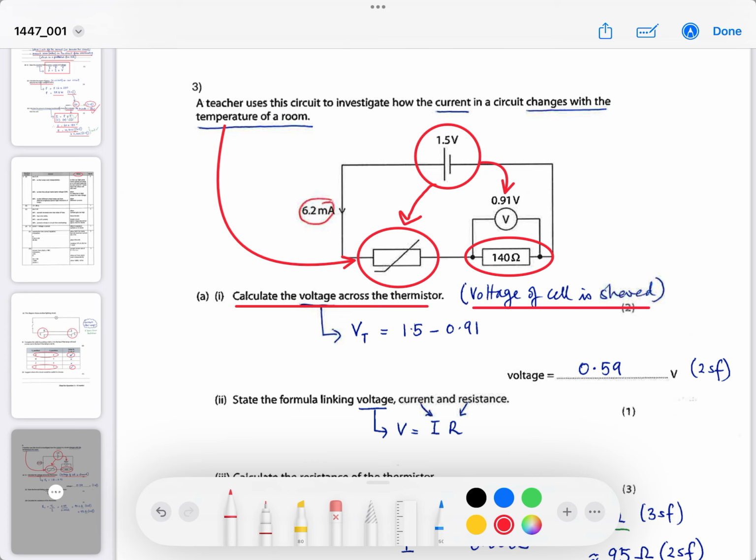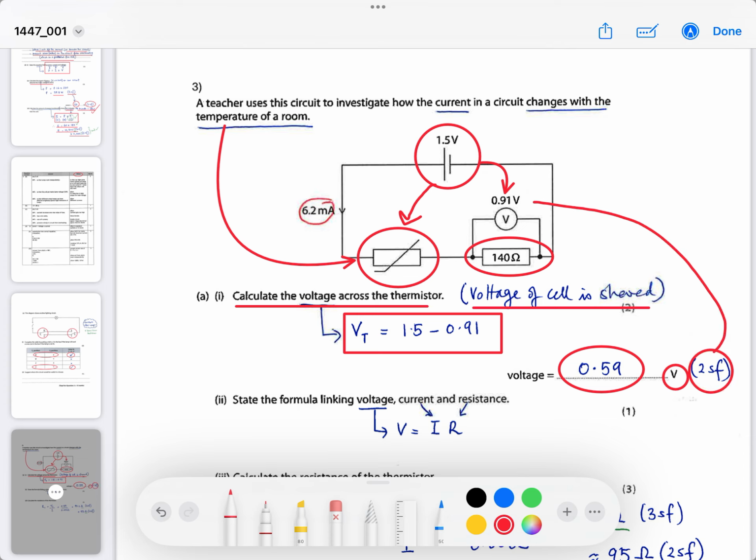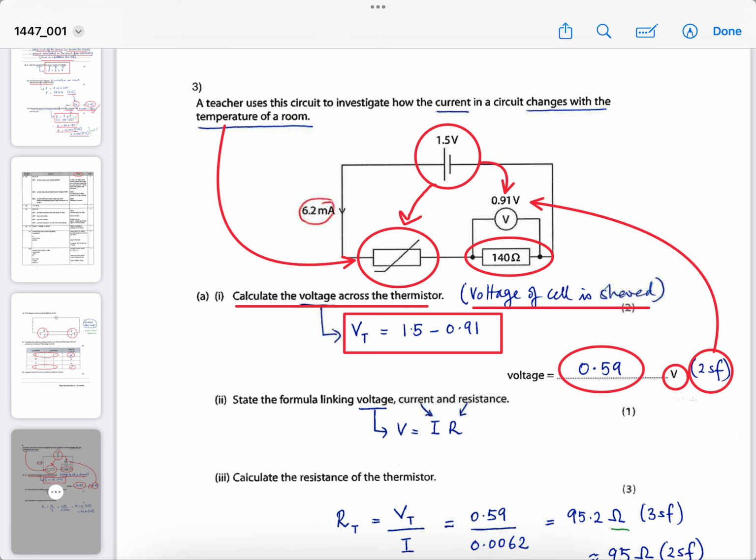So you just do 1.5 minus what the resistor gets, and the rest of the 1.5, which is 0.59 to 2 significant figures, is the voltage that the thermistor will get. That's 2 significant figures, because that's what you got for the voltage of the fixed resistor. Hope that makes sense.